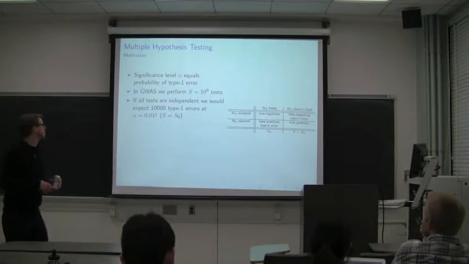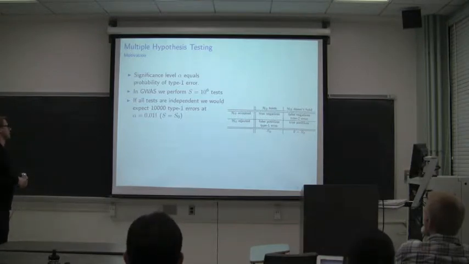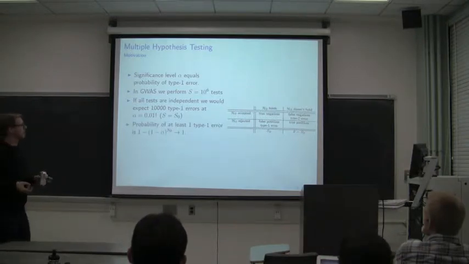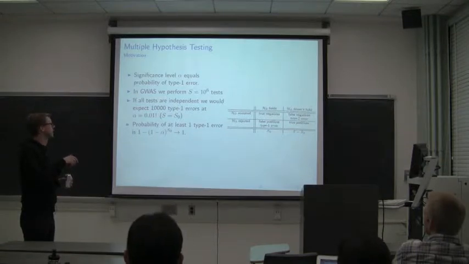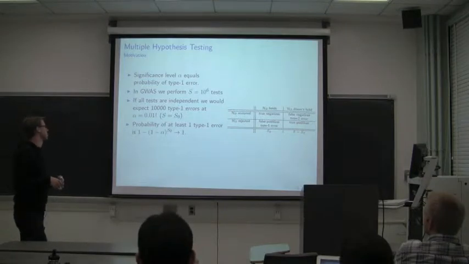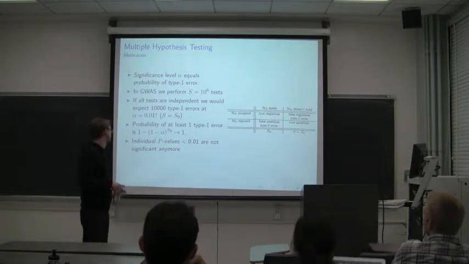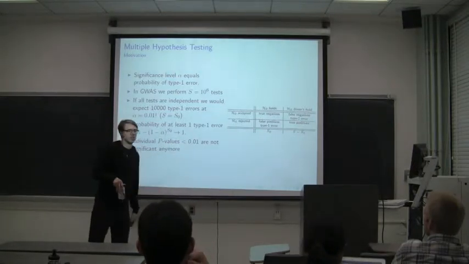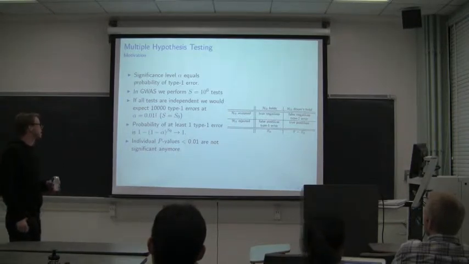If, for example, we say we have an alpha of 1%, then the probability of making 0 false discoveries, 0 type 1 errors, pretty quickly goes to 0, or the probability of making at least 1, which is 1 minus that, goes to 1. So we have to account for that, because if you test often enough with a standard p-value threshold, then this is pretty meaningless in practice.